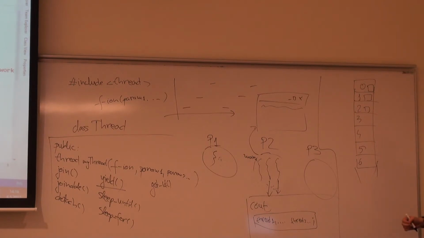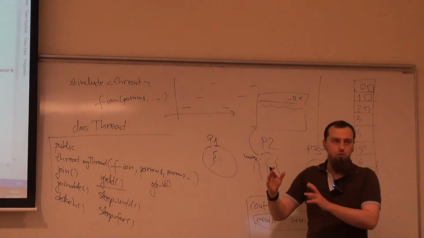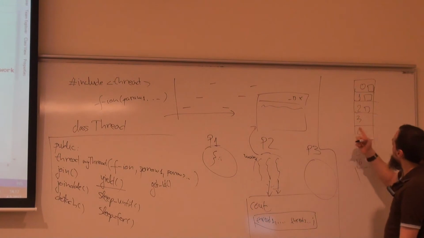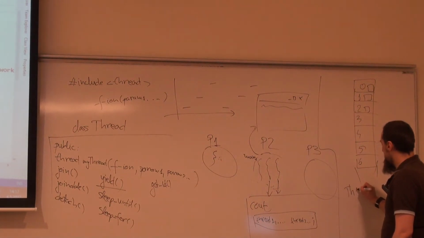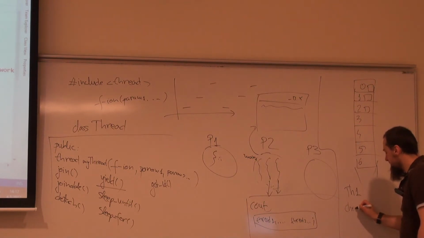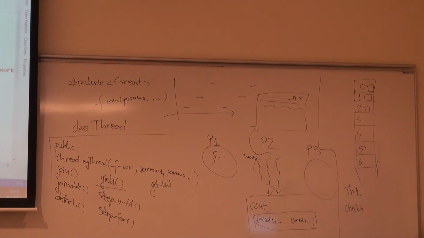Now, what we have is the following. We have a process, or a thread, let's say, and this is how they work. So let's say this is thread 1. It checks emptiness, whether this is empty, whether I can put a file there.